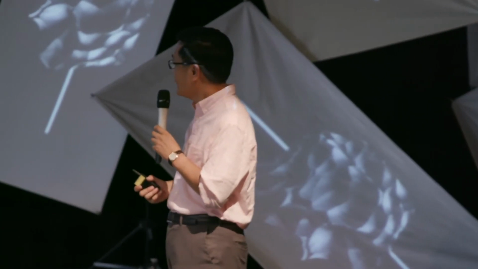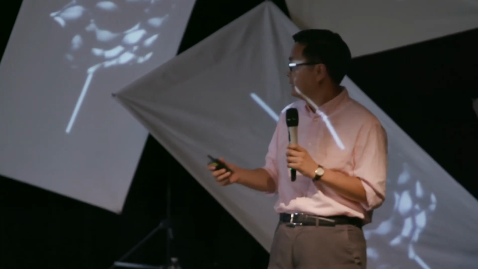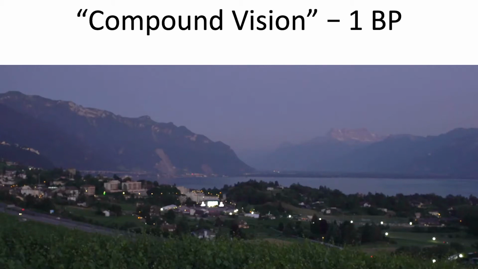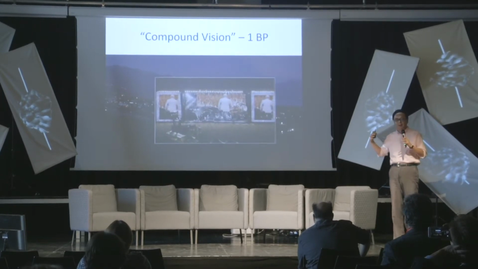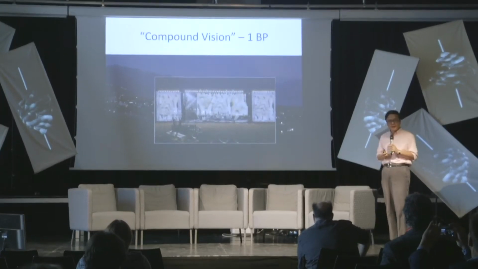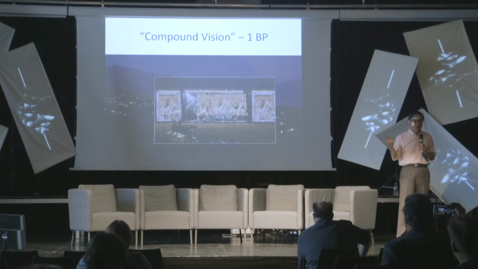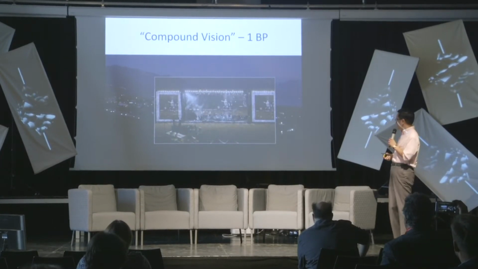So if we could play the next video. I have to click. And when you intelligently combine information from different cameras, you can also do things like high dynamic range and low light enhancement very naturally.